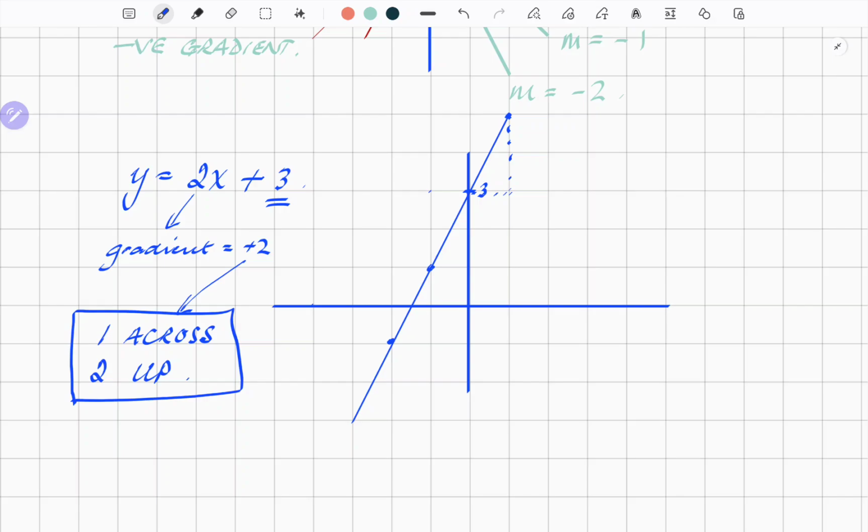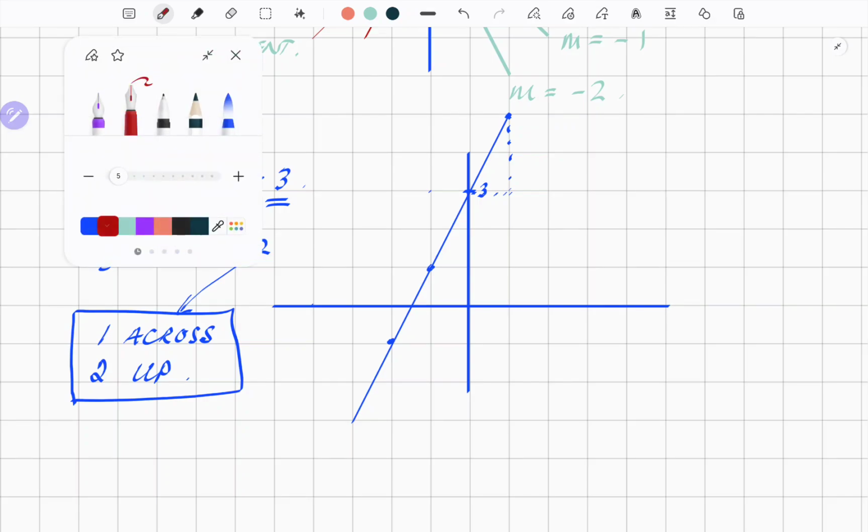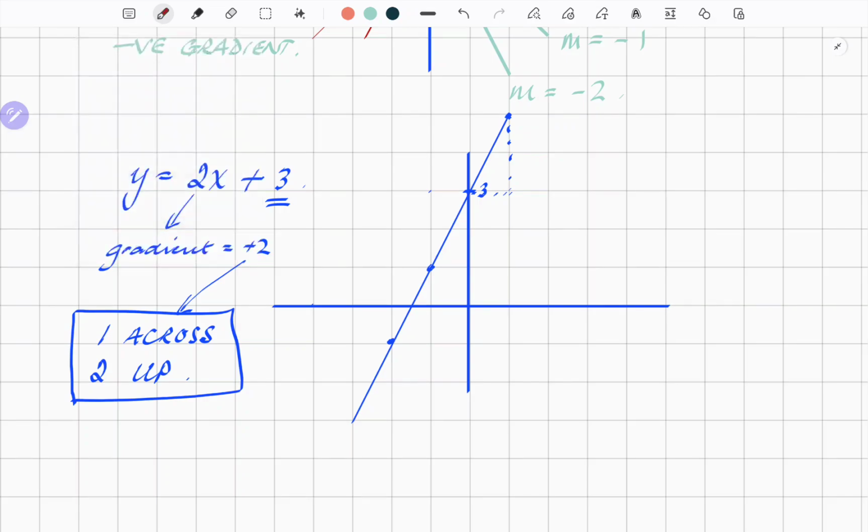Vice versa, if I had a different line and I was asked to find its equation, all right? So let's do something like this. So I have that line and I need to find the equation of the red line there, okay?